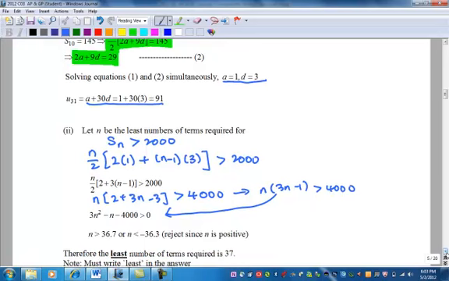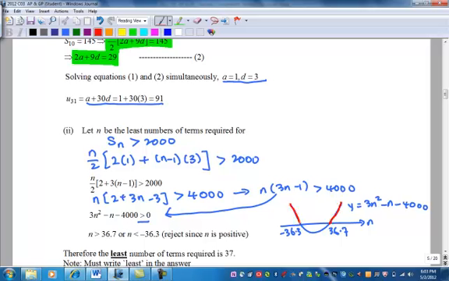When we solve this inequality, let's say we draw the quadratic graph of 3n squared minus n minus 4000. Using our GC, we should be able to find the roots as this. Since we need to solve this inequality with a greater than sign, the part of the graph that solves the inequality will be this part.